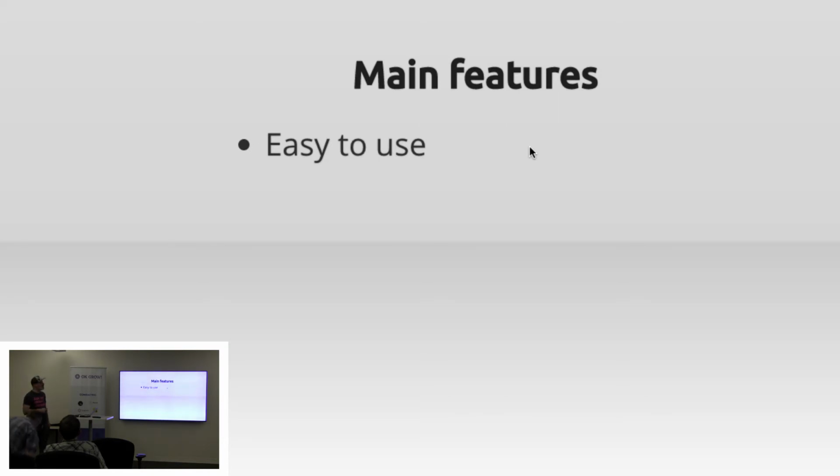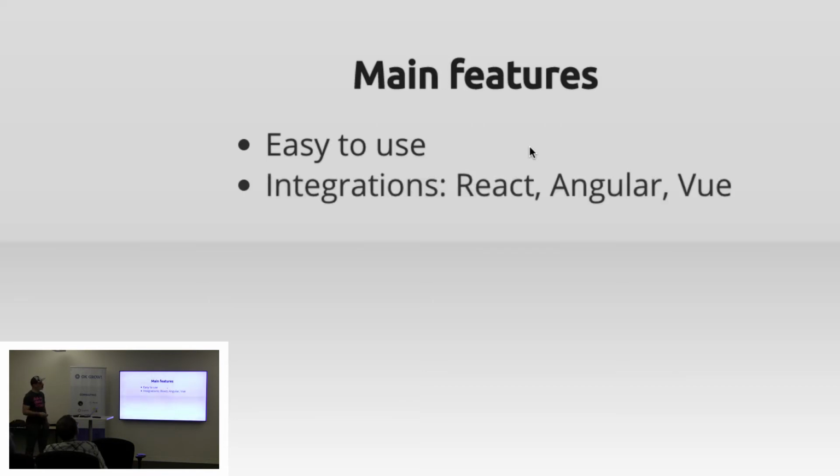So they wanted to create a new client that was really easy to understand and to learn. They were also worried that only React was compatible with Relay, so they introduced compatibility with Angular and Vue. That's pretty cool.